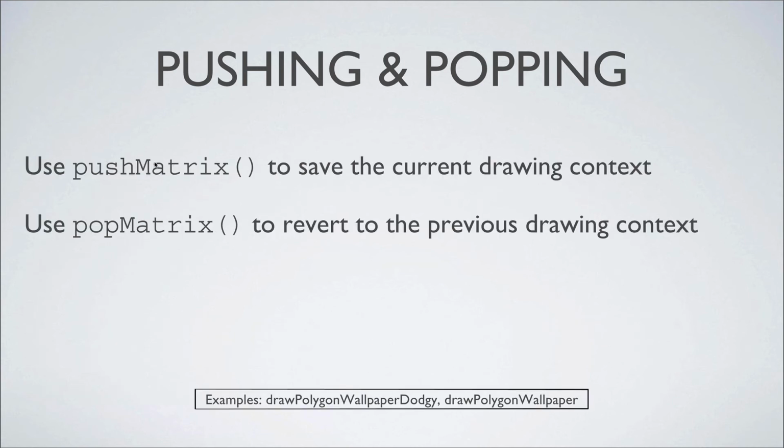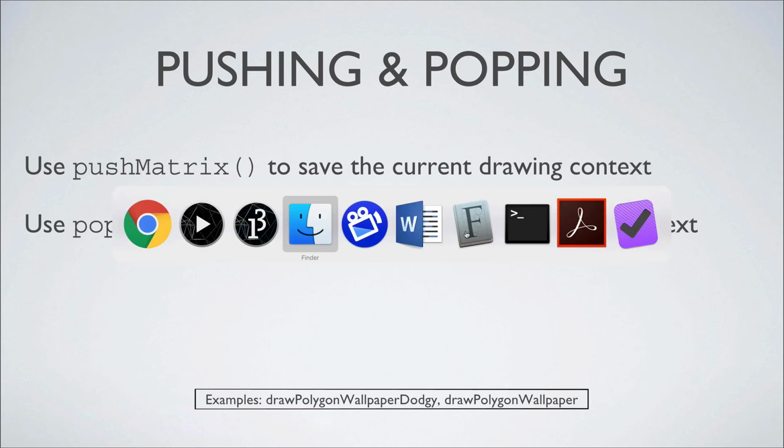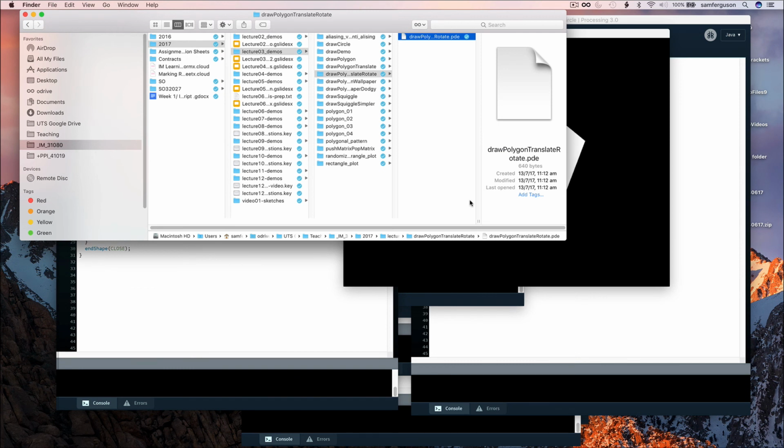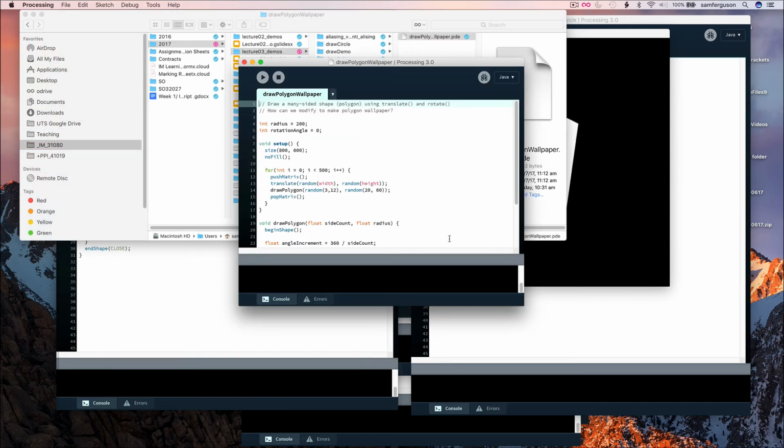Now here, we can also use pushing and popping to save the current drawing context and revert to the previous drawing context. So we can translate to a particular location, save it, and then jump back to the previous location. So here is an example of doing that.